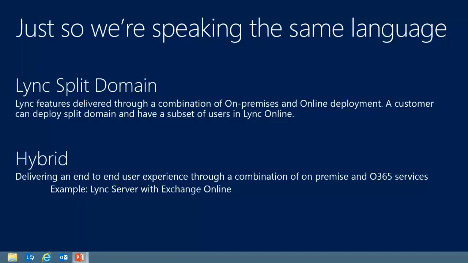Or I may have Lync Online and Exchange on-prem, or SharePoint on-prem, right? But split domain is really kind of the magic mojo that's been introduced with 2013. We are one of the only companies that actually give you that ability to expand an on-prem environment into the cloud and actually have that cross-premise interaction where an end user doesn't know where they're living, right? Nor should they care.